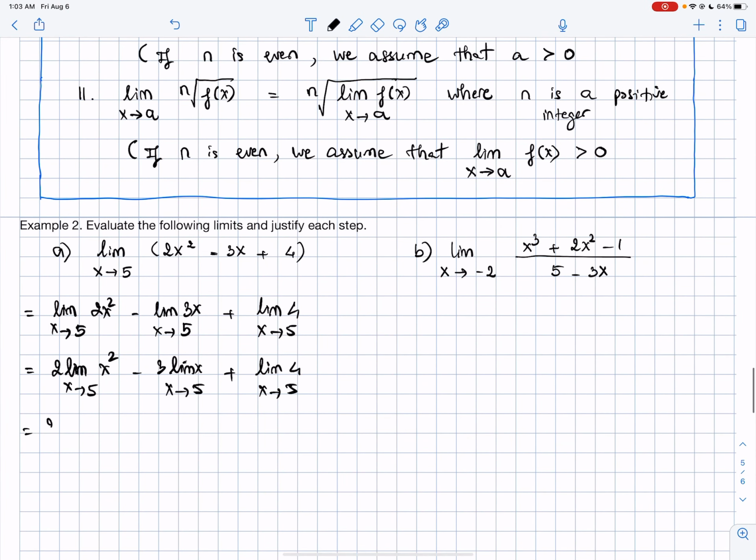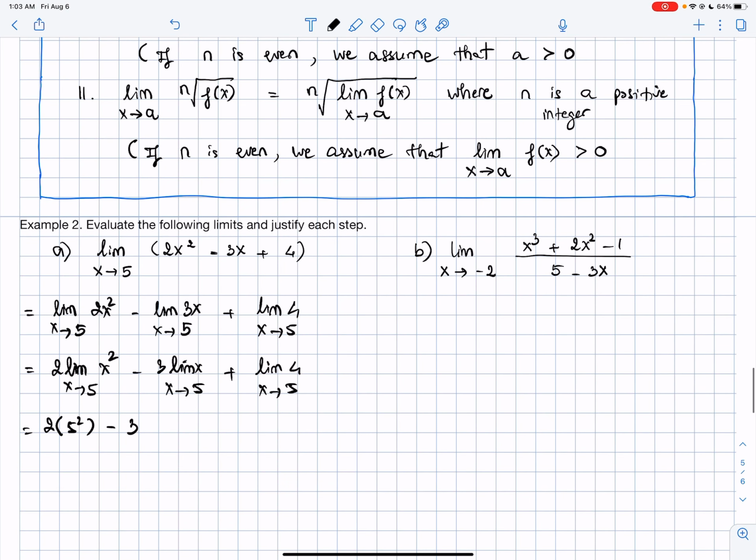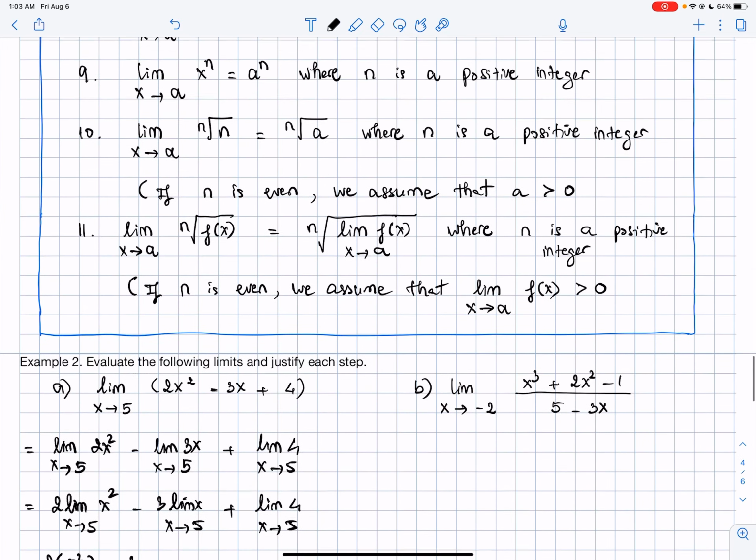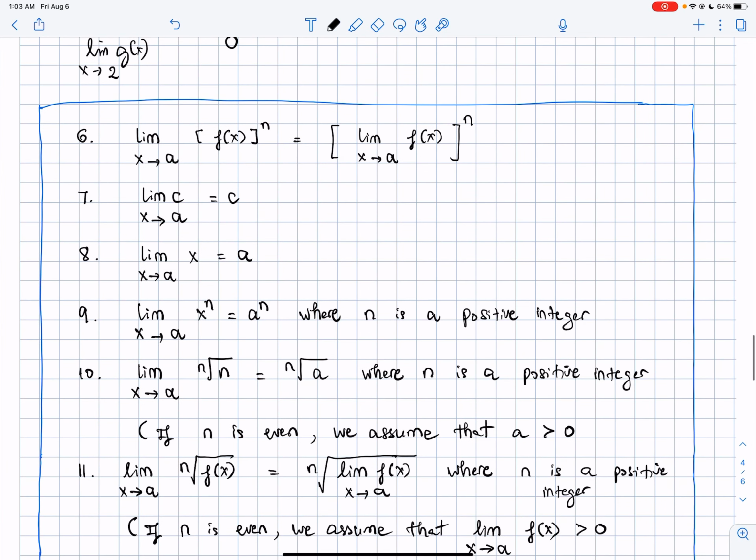So 2 times 5 squared minus 3, and if we don't have the exponential, we just plug in the 5 in the x. So we use law number 8. So just plug in the number in the x.